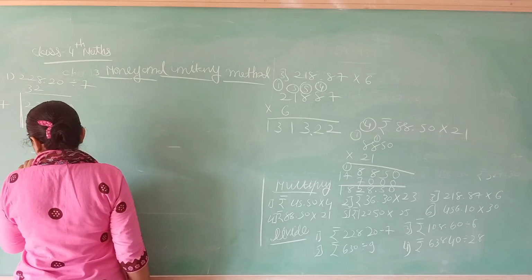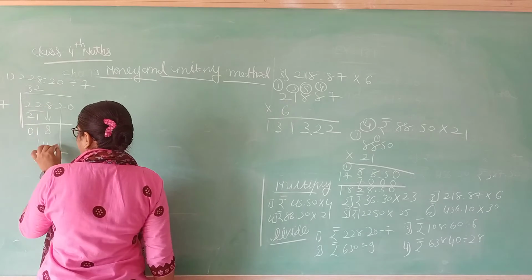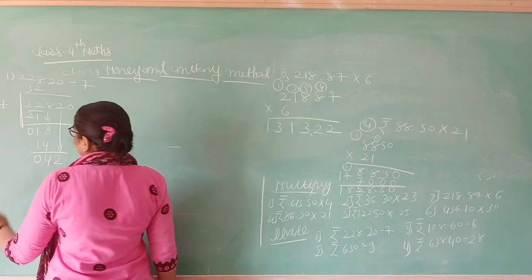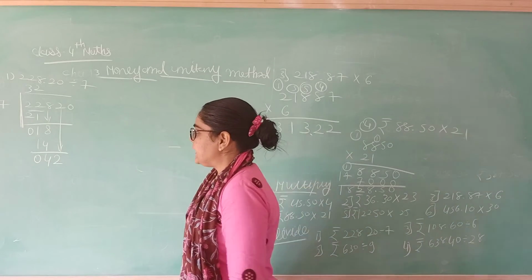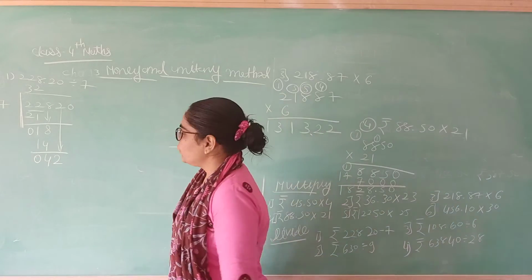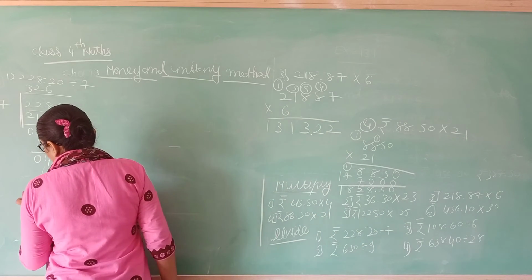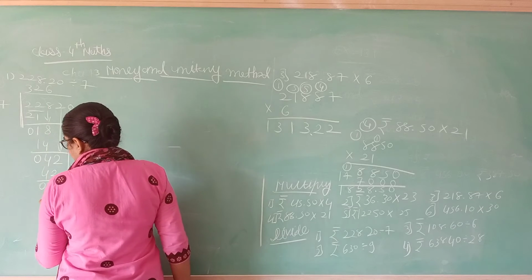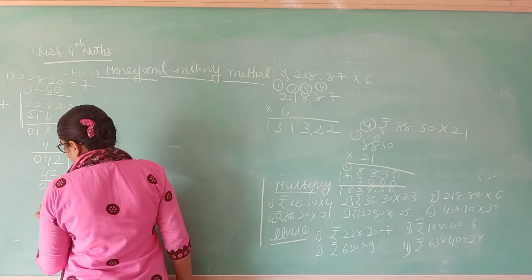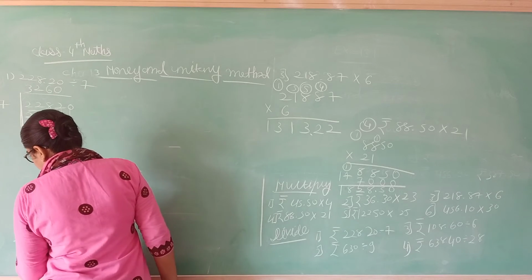Okay, 18 minus 14 is 4, 1 minus 1 is 0. Then bring down 2. Say the 7 table until we get 42. Yes, 7 6s are 42. 0, 0. Bring down 0. Then add 1 zero. Here 0, 0, 0 and 0.